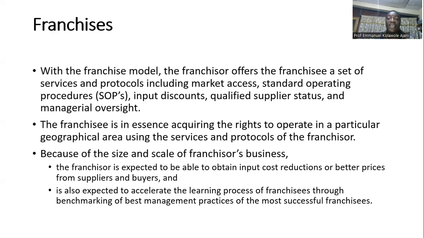And because of the size and scale of the franchise business, the franchisee is expected to be able to obtain input cost reduction, better price from suppliers and buyers, and also to accelerate the learning process through benchmarking of best management practices of the most successful franchisees. So whatever you are producing, you allow another company to replicate it, giving that right, following your operational procedure, and they will be accessing the market at a cost.